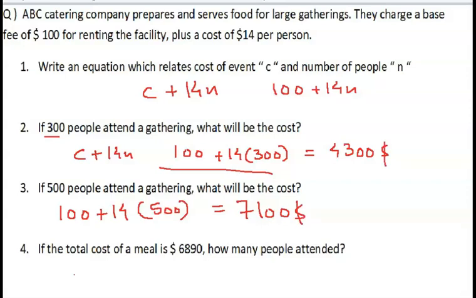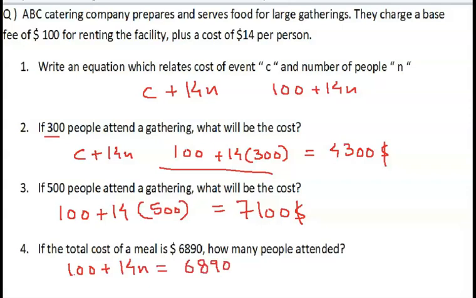The last part of the question says if the total cost of a meal is $6,890, how many people attended? Since we already have the equation, all we need to do is find N, where 100 plus 14N equals $6,890.